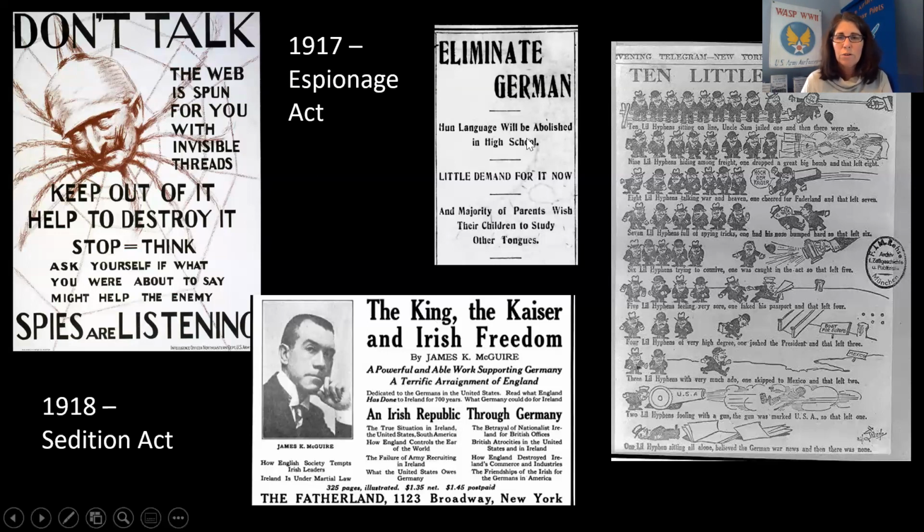Then you have a lot of Germans with the language being eliminated or considered illegal. It says Hun language, which is the same kind of derogatory term they used in some of those propaganda posters. So you've got millions of German immigrants filling American cities, and all of a sudden their language is the language of the enemy.